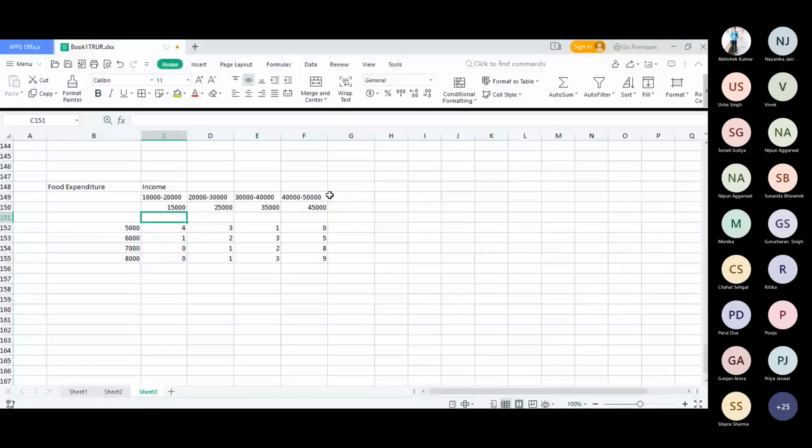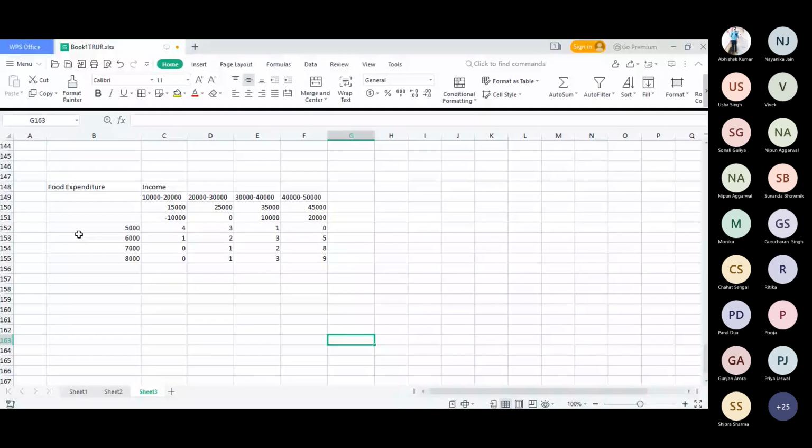So 25 or 35, whatever you want, you can take. I am assuming 20,000 as the assumed mean value. So this becomes minus 10,000, this is 0, this becomes plus 10,000 and this becomes plus 20,000. So this becomes your value of dx.